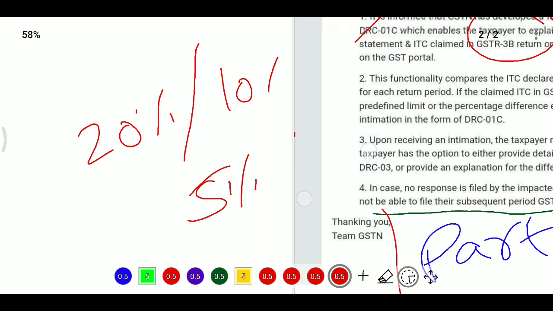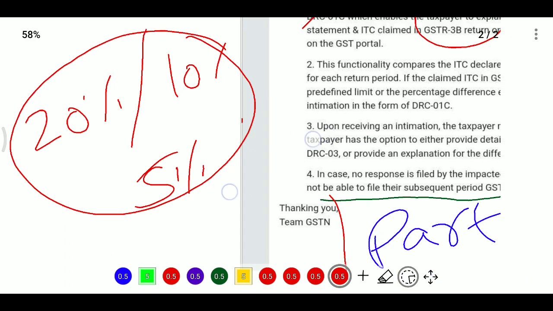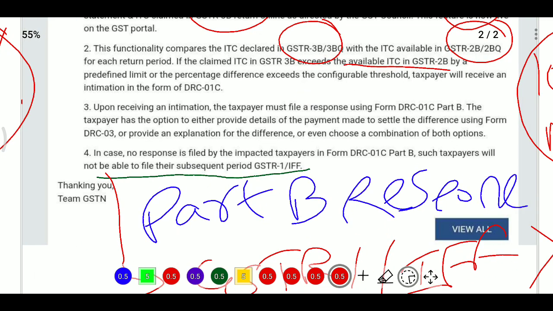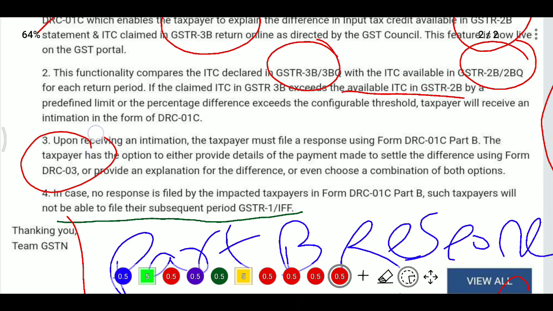That percentage is given at that point of time. So if you have claimed more than this percentage, you need to give an explanation or pay the amount. If you want to pay the difference amount, you need to use DRC 03, or if you have already paid that difference amount, you need to provide those settlement details.